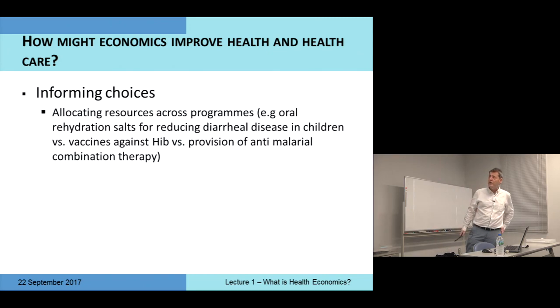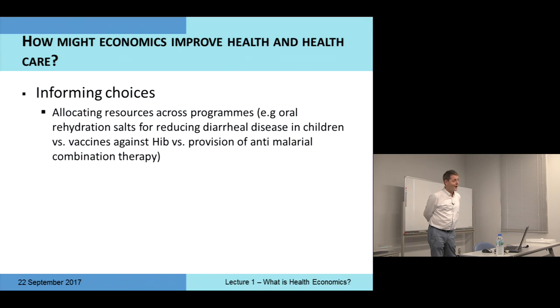Now, there's lots of choices. It might be allocating resources across different healthcare programs. For example, we've got excellent evidence that oral rehydration salts reduce diarrheal disease in children. Indeed, it kind of makes it sound like this lecture is sponsored, product placement.